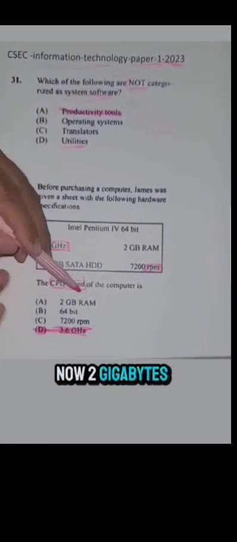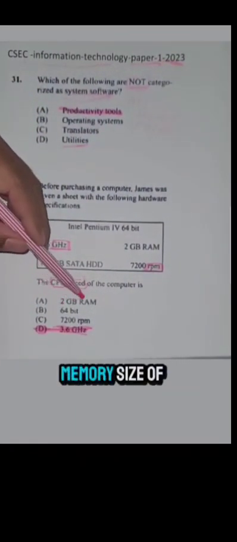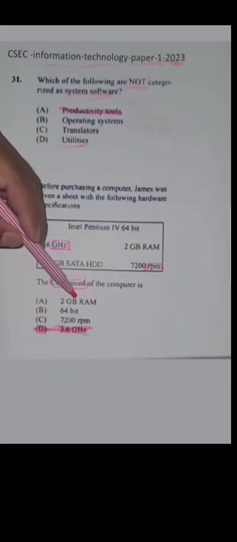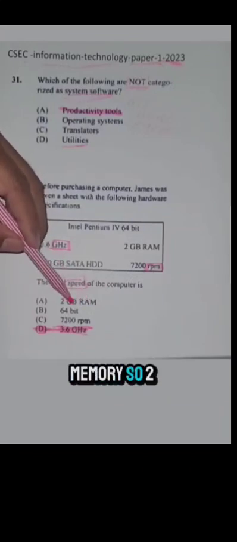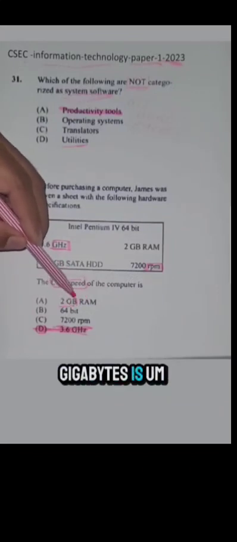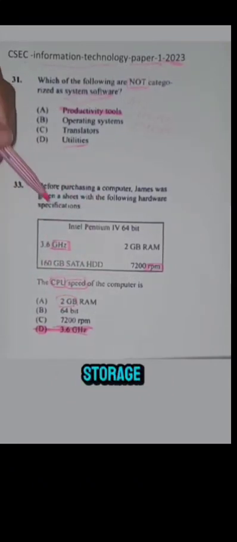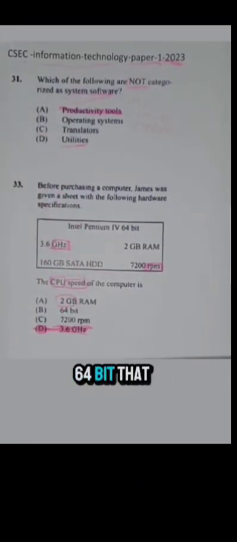Now, 2 gigabytes of RAM, that is telling us the memory size of the RAM. RAM is your random access memory, so 2 gigabytes is storage. 64-bit, that is the word size.